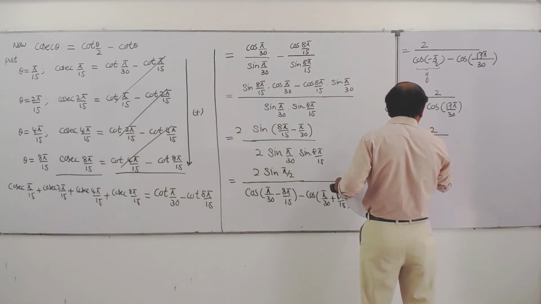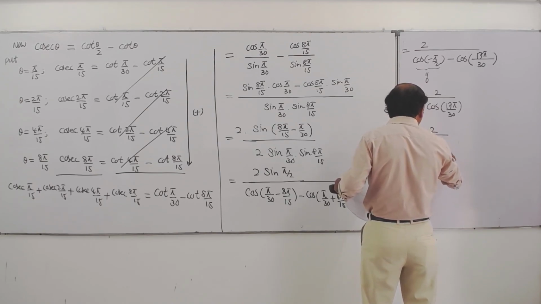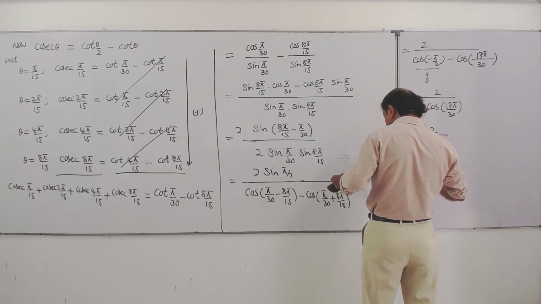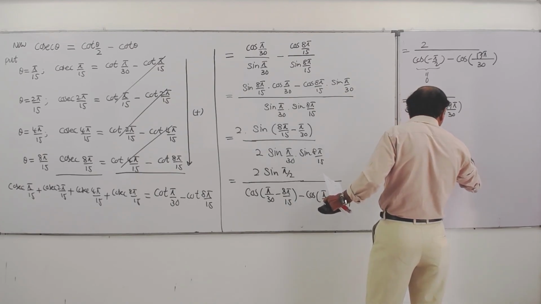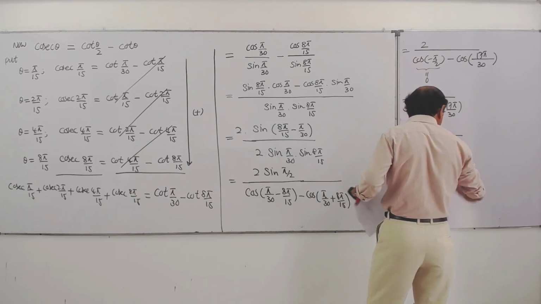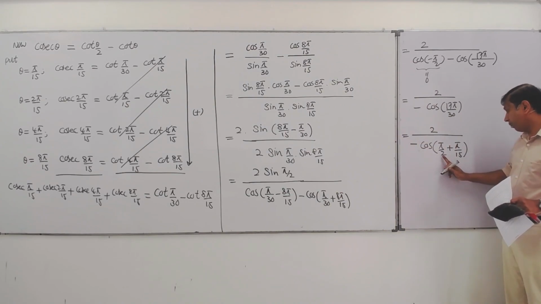2 divided by cos (pi by 2 plus pi by 15). See here. When you simplify here, 2 and 15, when you multiply we get 30.